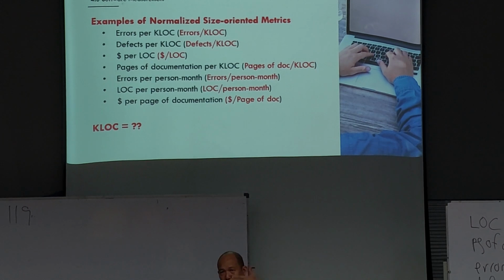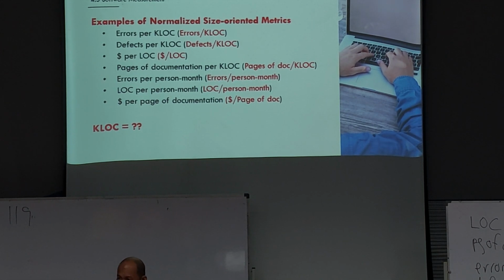So when you compare two projects, you make the comparison per 1,000 lines of code. Why don't they compare per 100 lines of code? Can you compare by every 100 lines of code?